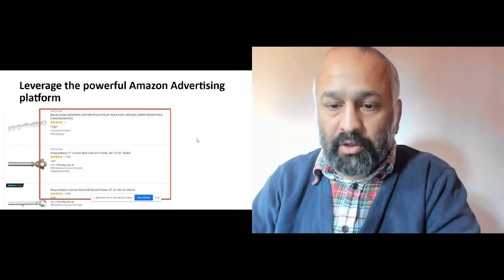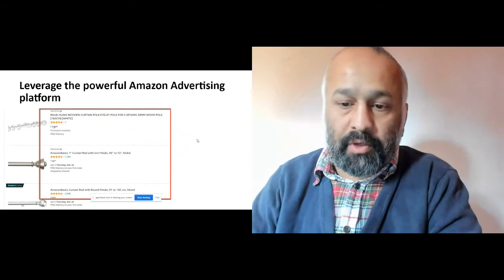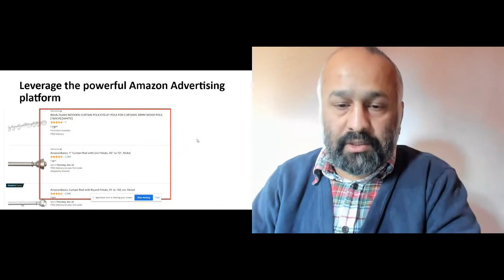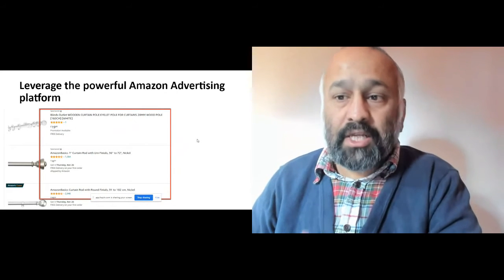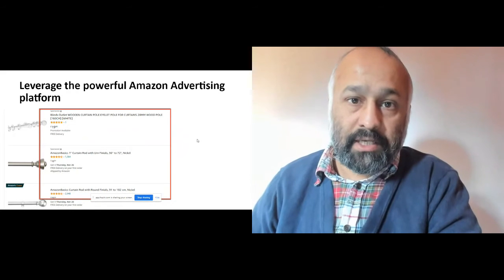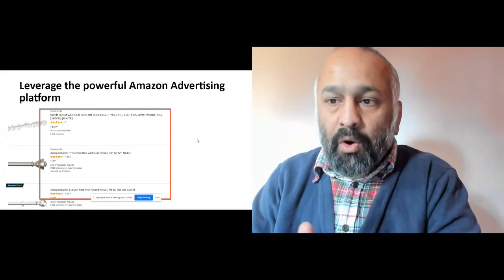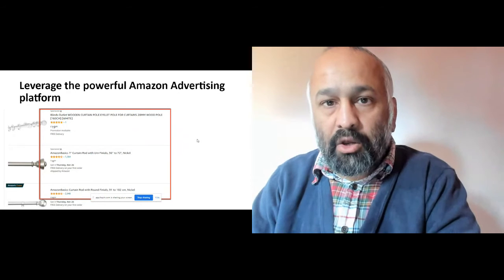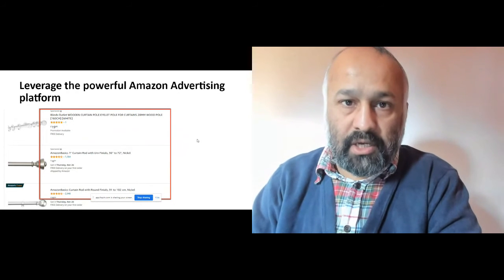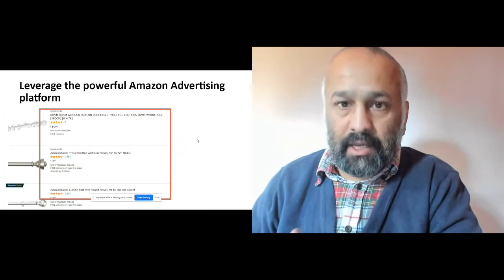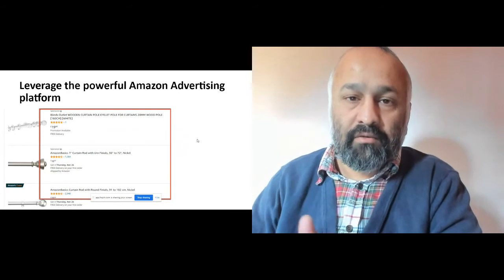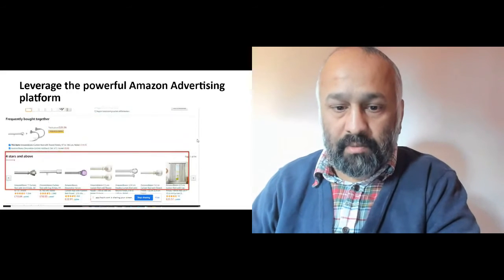For example, it could be a curtain rod, or any other keyword that's relevant to your product. There are various types of keywords as well, like broad match, phrase match, and exact match, and these all work differently. So try and use all 3 match types to create your ads, and you may be able to do that in different phases rather than doing it all at the same time.